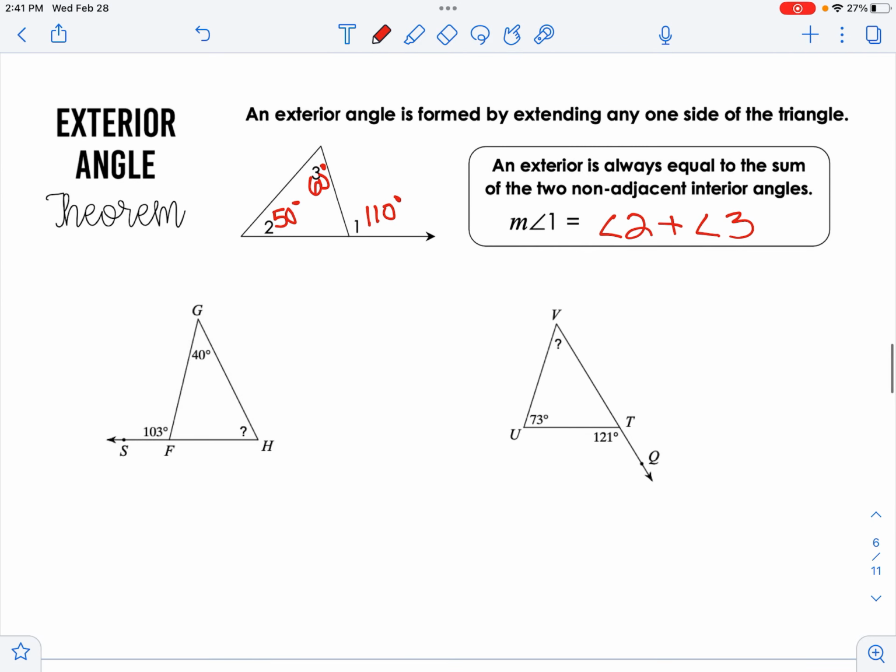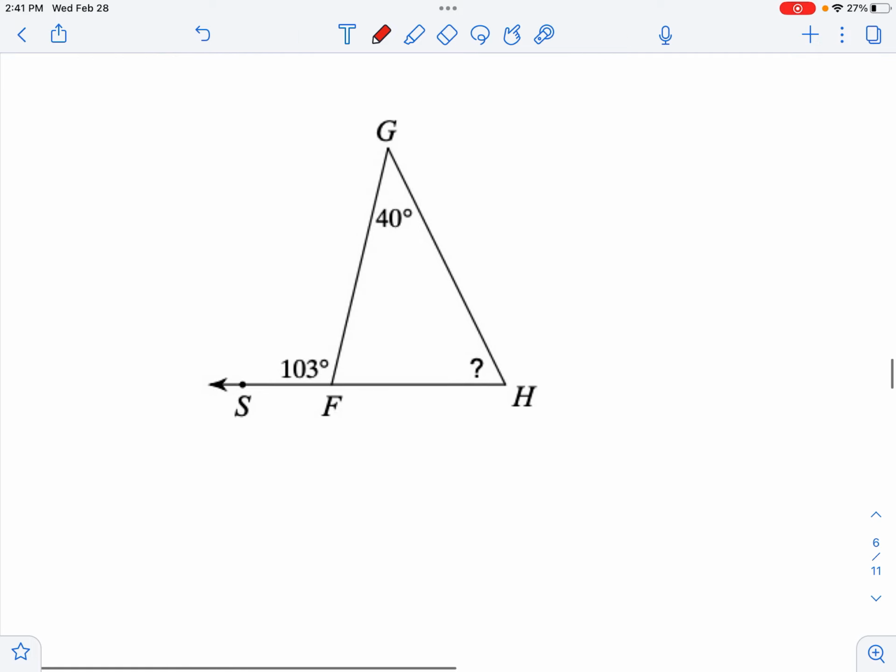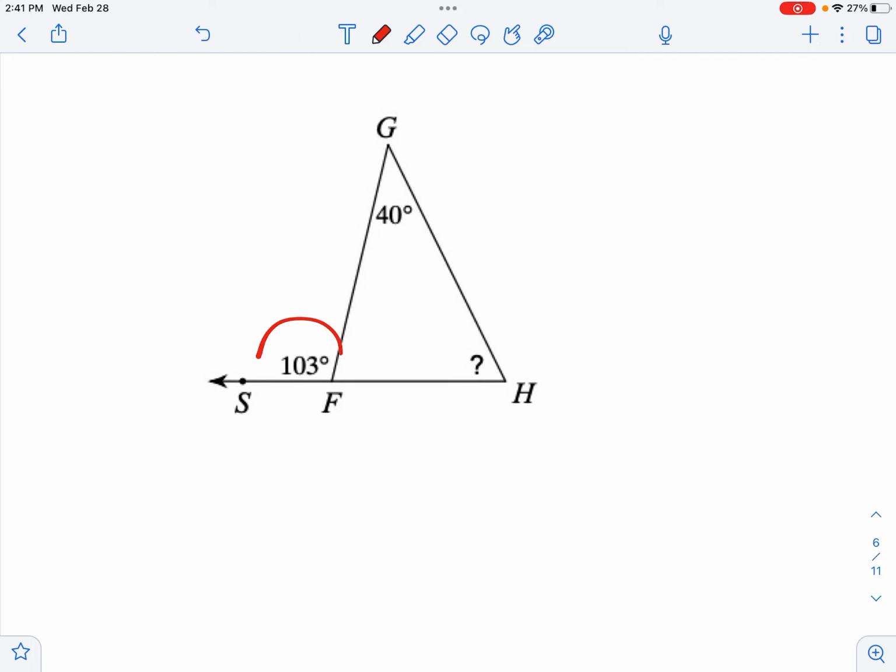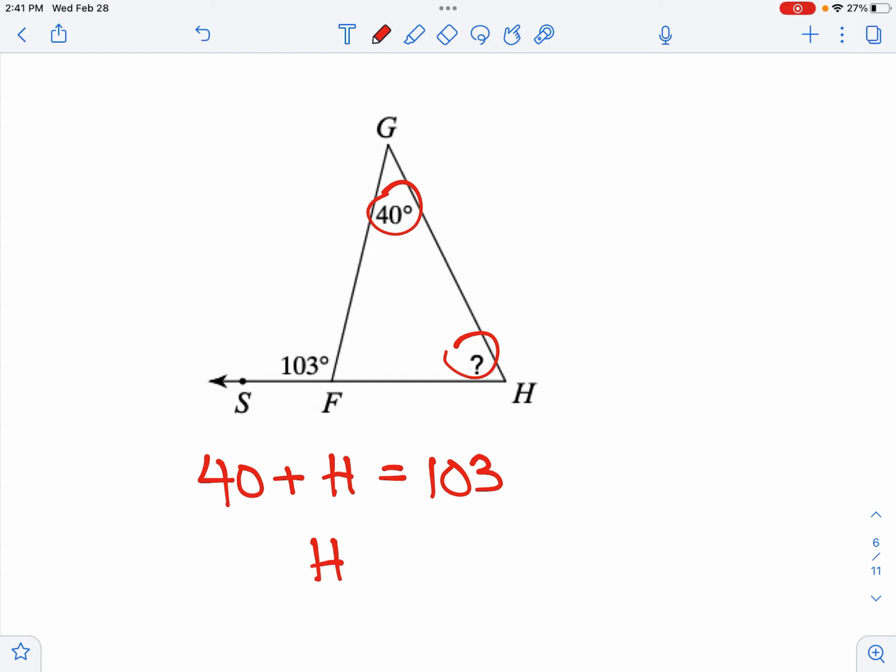Okay, in this case, let's take a picture and see if we can figure out how this works. Here's this exterior angle. We know that 40 plus this angle, so 40 plus angle H, has to be equal to 103. If I want to know angle H, subtract 40 from both sides. You get 63 degrees.